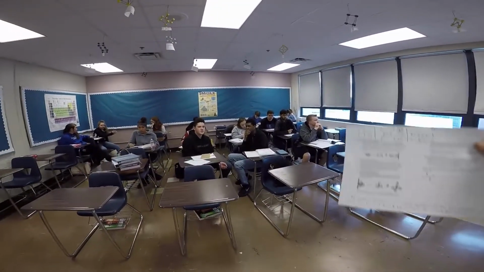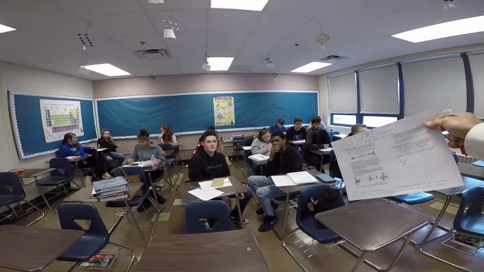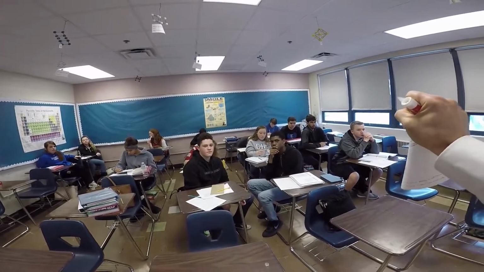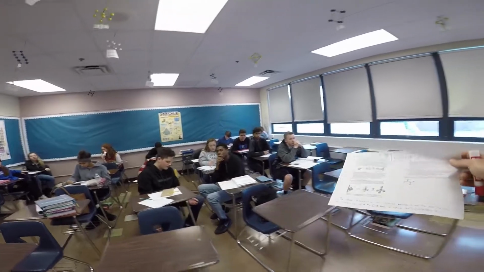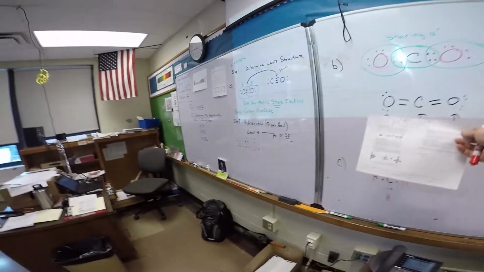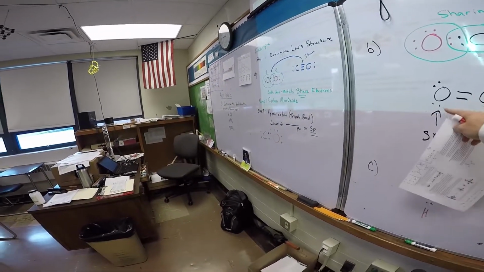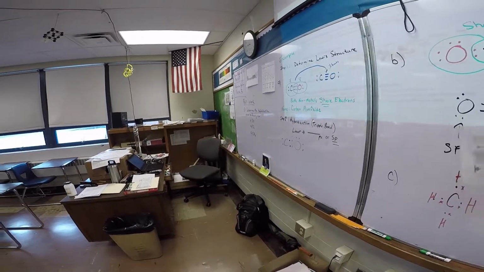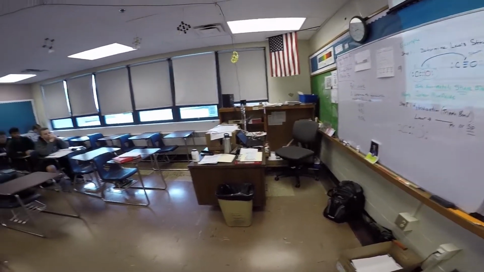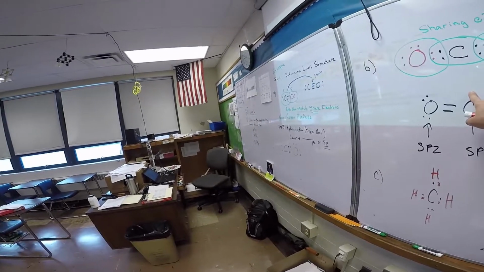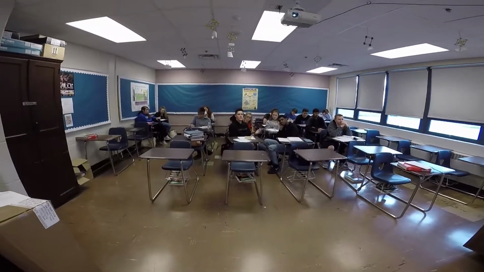So just be aware that you want to apply to what you're seeing here, right? So this outline shows you this is most similar to sp2. This looks linear. Do you see anything above this carbon? Garrett, you see anything above the carbon?